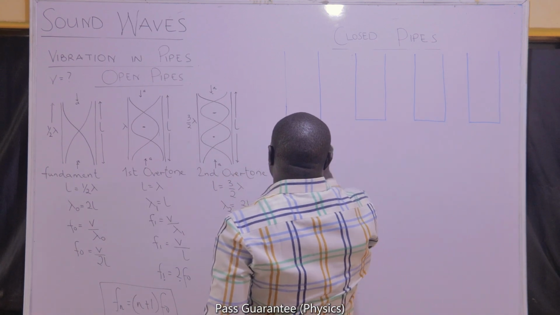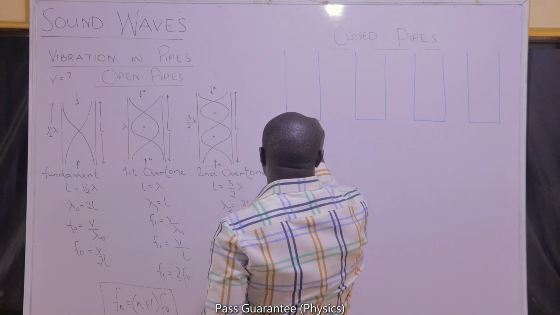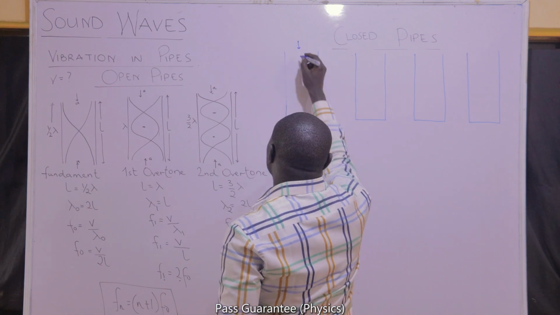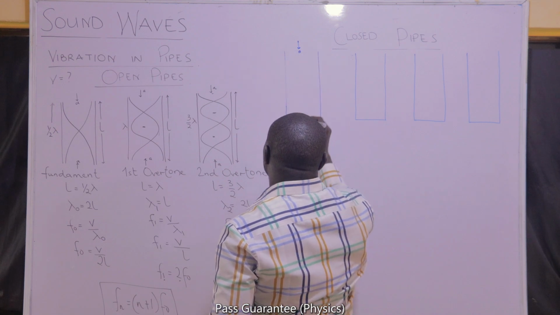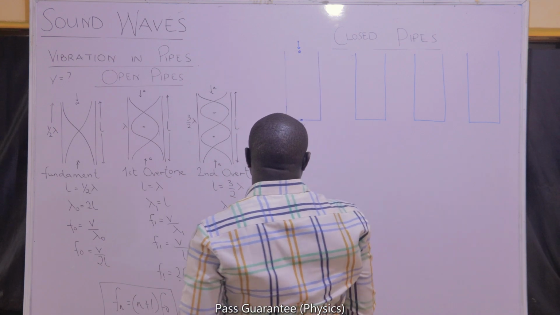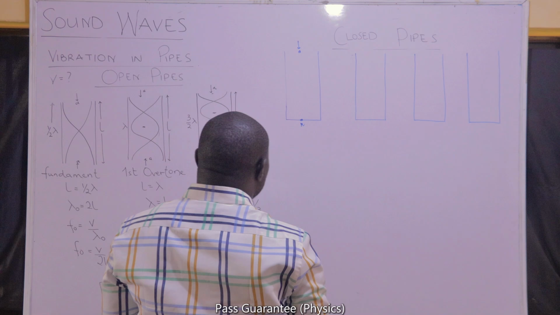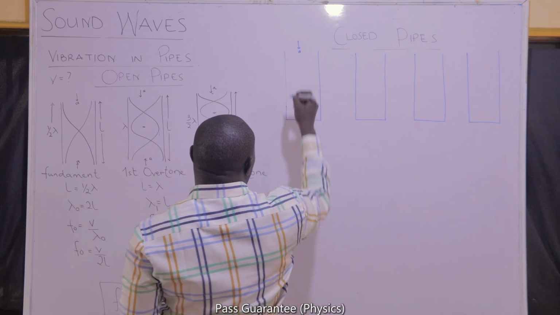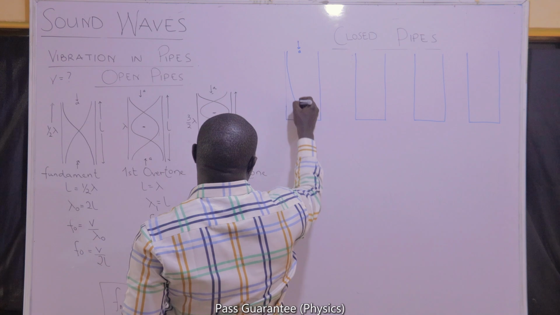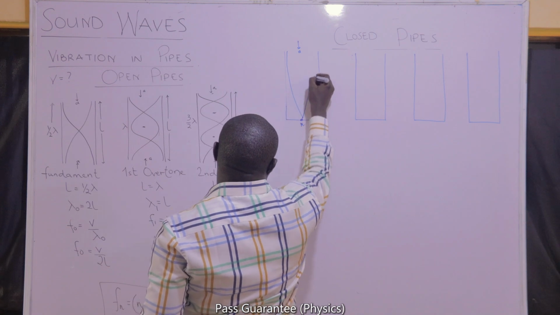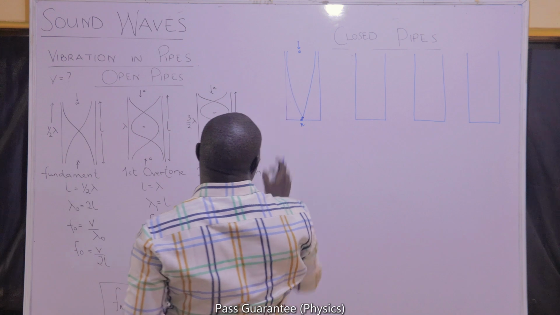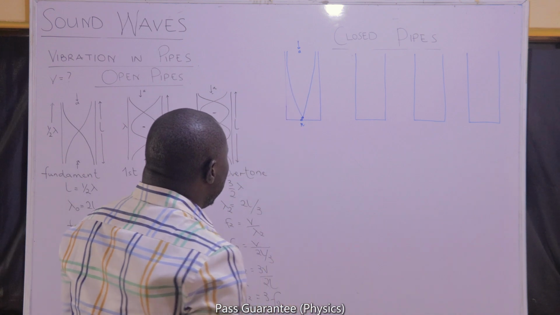Now, when you check a closed pipe, you see that one end is fixed and the other end is free. If an end is free, I expect it to have an antinode there, and if it is fixed, I expect it to have a node there. The simplest antinode to node combination that we can have in vibration is this. Node represents the fixed end, antinode represents the free end.